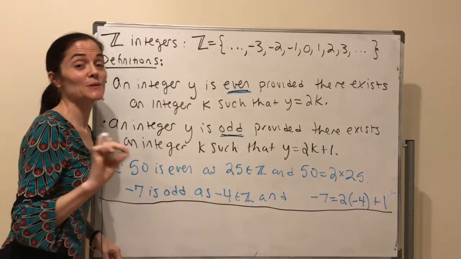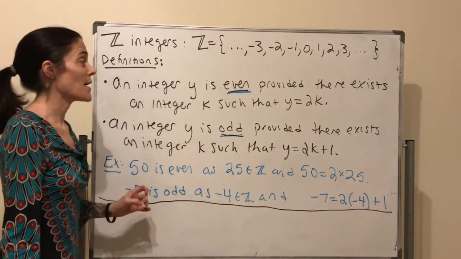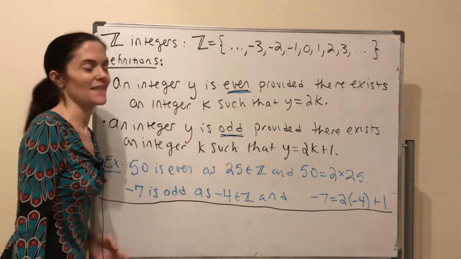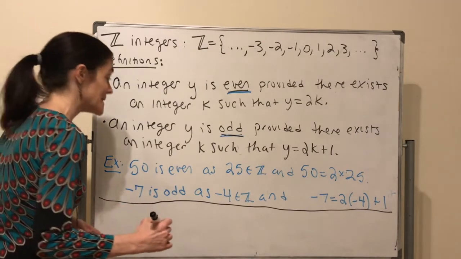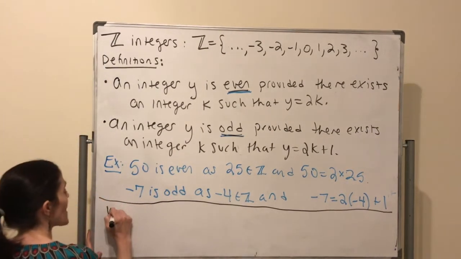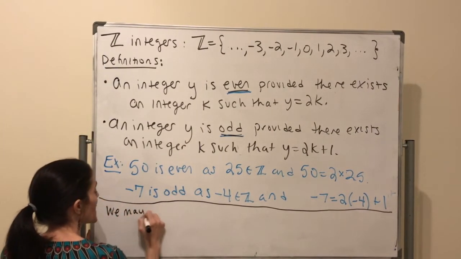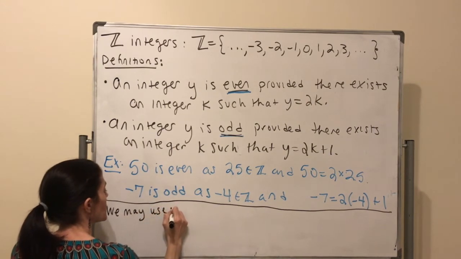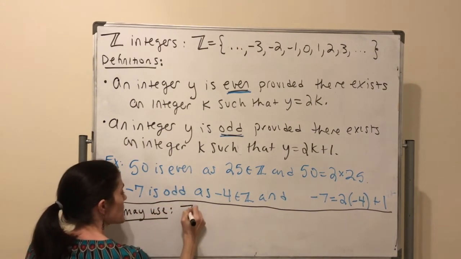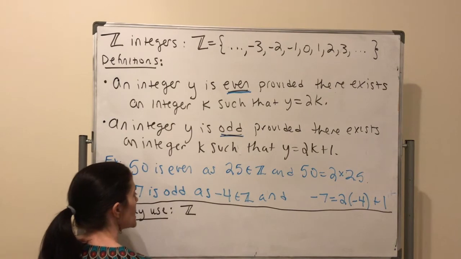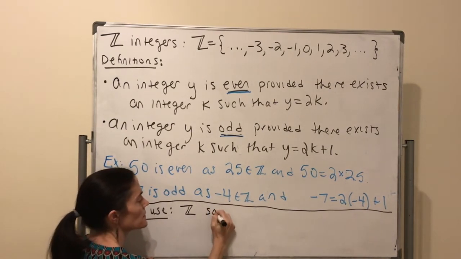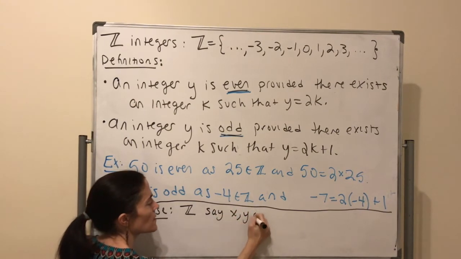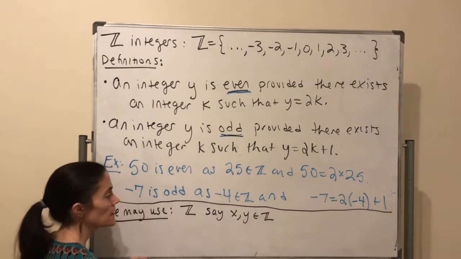Before I get into some more definitions involving integers, and there are still a few more I want to discuss, let me just mention something we may use about the integers, and this is quite important. Okay, this is a statement about the integers. If we have two integers, let's suppose x and y are integers.